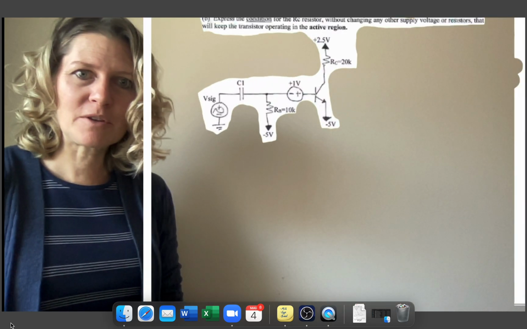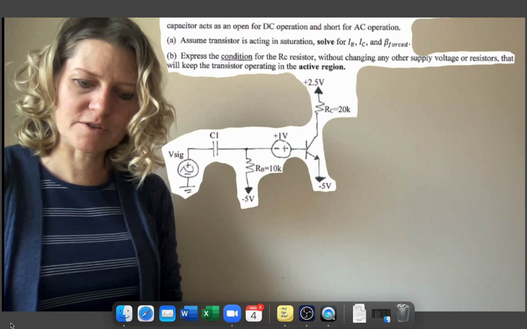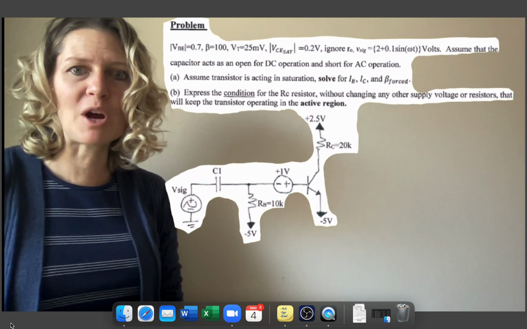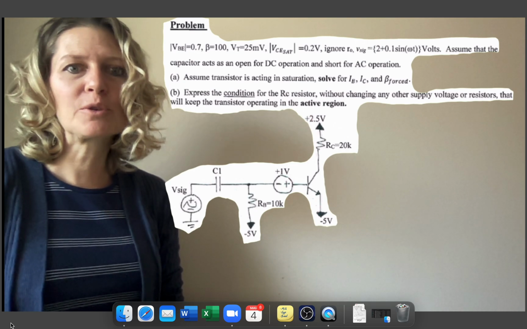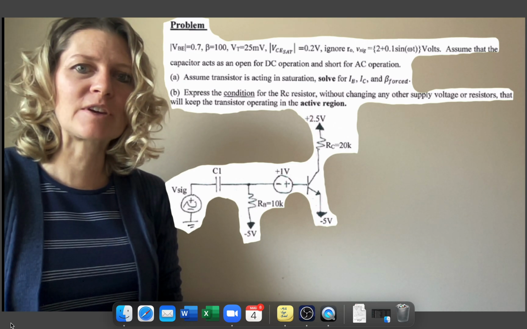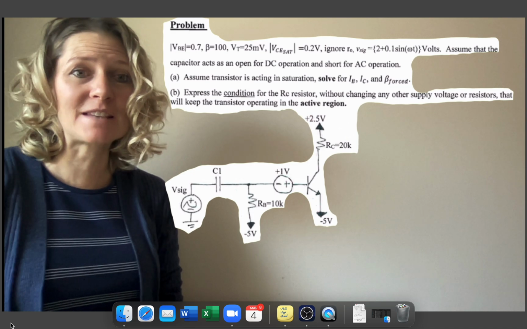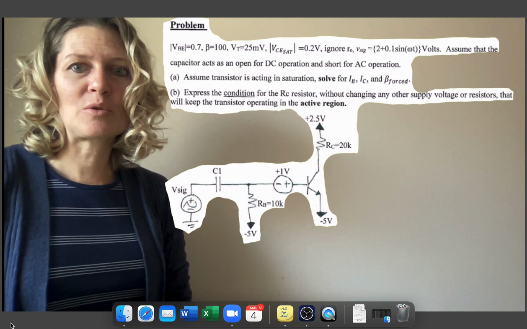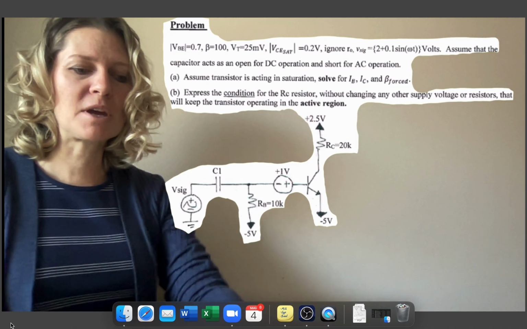All right, so this is going to be the first example that we go over. Here we have a problem where you're told to analyze it with the transistor acting in the saturation mode. So you're going to solve for IB, IC, and beta forced.